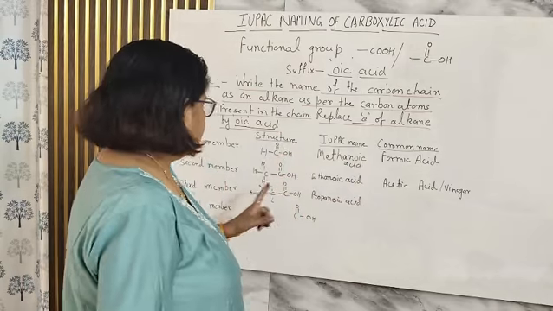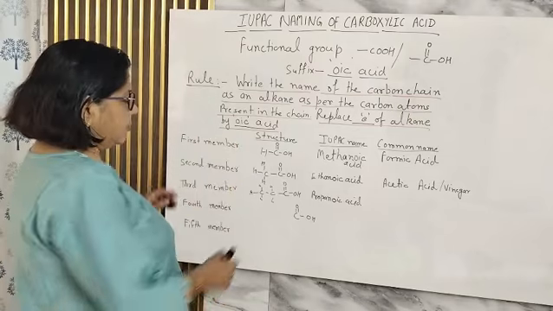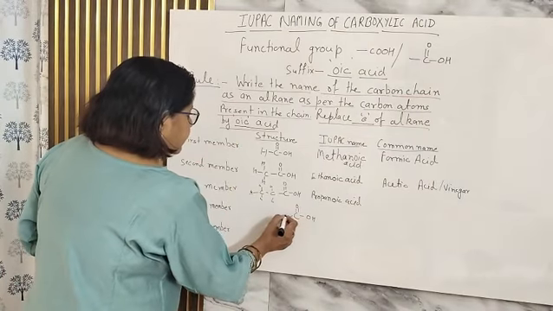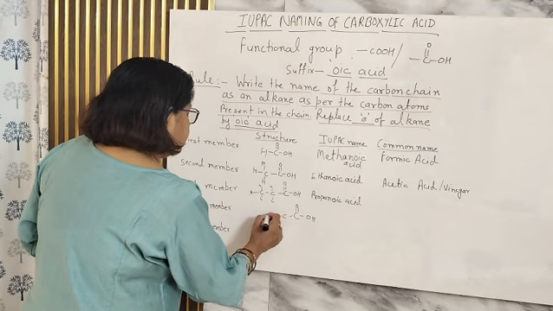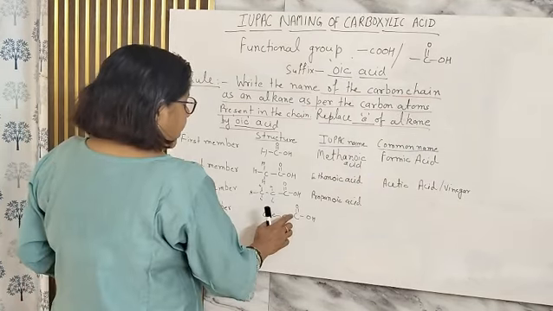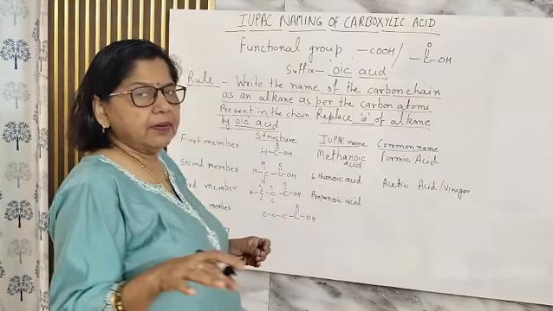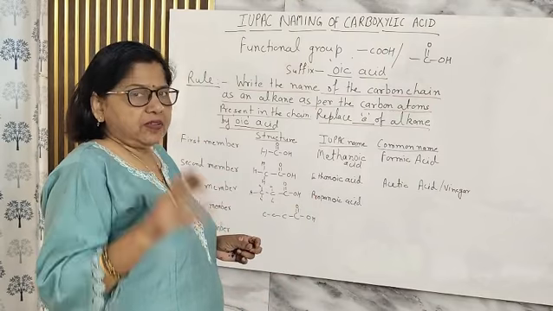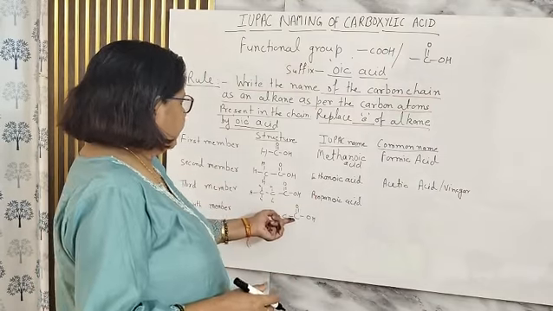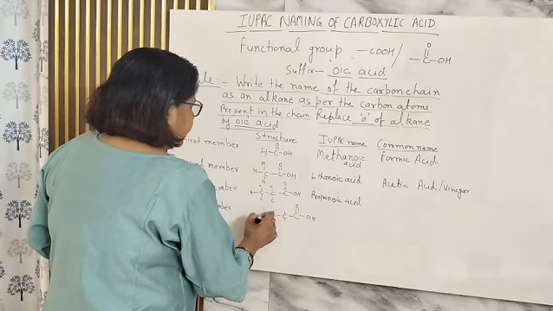Okay. Now, the fourth member should have how many carbons? 4 carbons. So 1 is here and I draw 3 more: 1, 2 and 3. Take care when you are asked about the fourth member, fifth member, of the carboxylic acid series. So now there are 4 carbons, and I will draw the hydrogens accordingly.